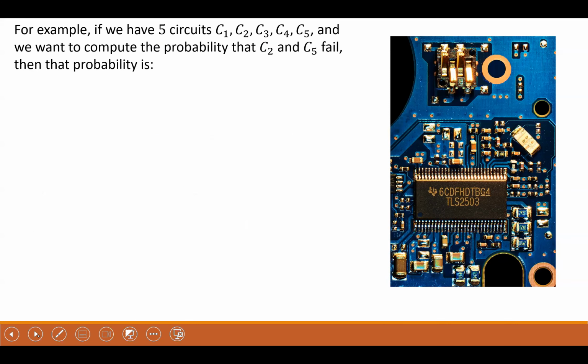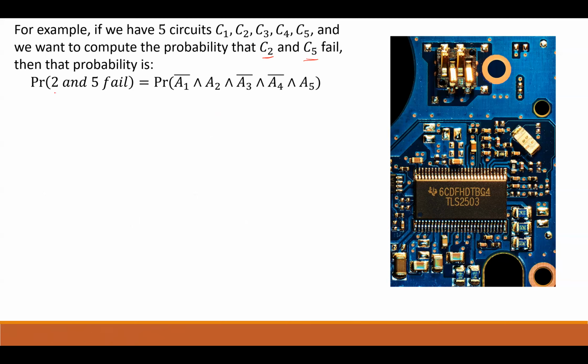All right, well, let's start with something simpler than that. Let's start with 5 circuits, C1 through C5, and we'll look at the probability that exactly 2 fail, and that we know which 2 are failing, C2 and C5, and that the rest of them do not fail. Okay, so the probability that circuits 2 and 5 fail is equal to the probability of these events, right? So here is circuit 1 does not fail, circuit 2 does fail, circuit 3 does not, circuit 4 does not, and 5 does.